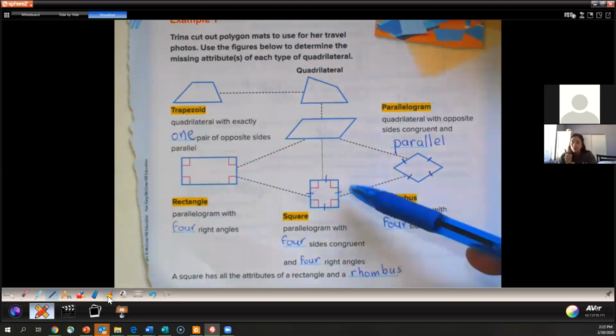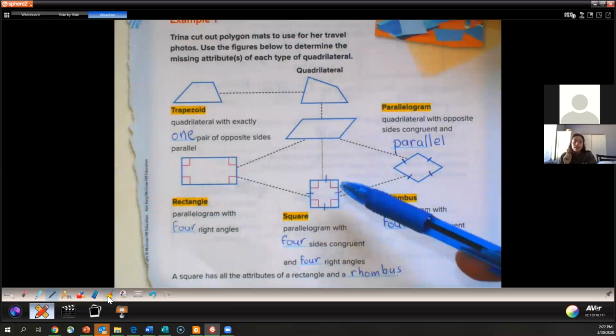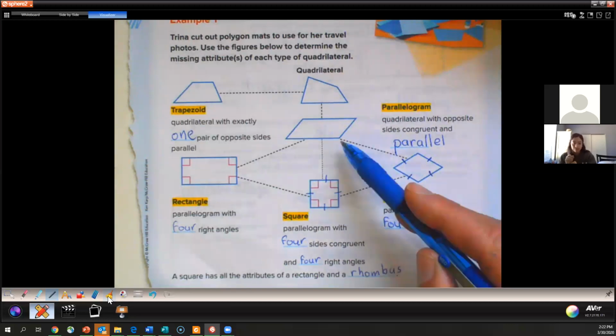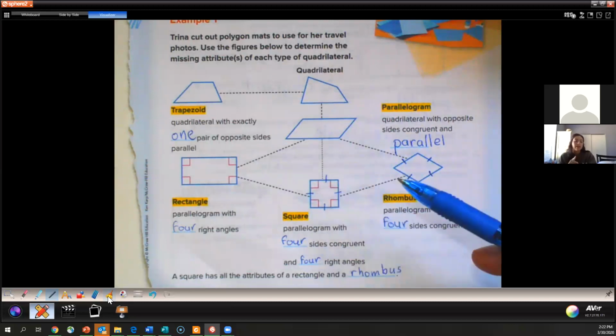So there's already one that's the same as our rectangle. And then it says it has four right angles, which isn't necessarily defined in our parallelogram, but let's keep reading. It says a square has all the attributes of a rectangle and a rhombus.